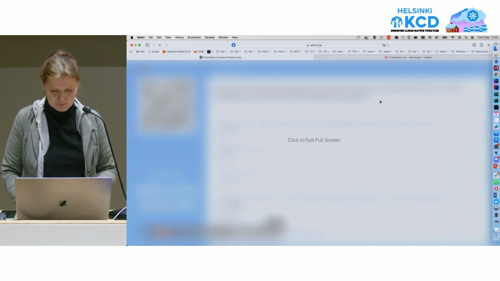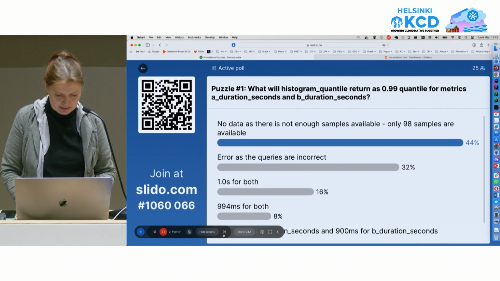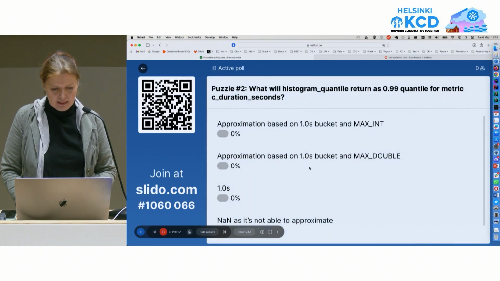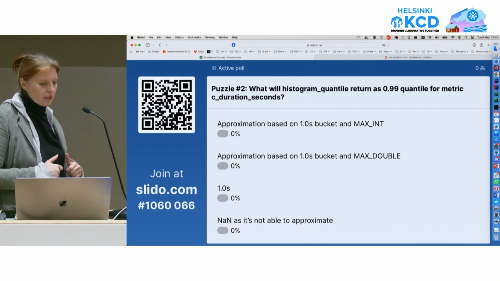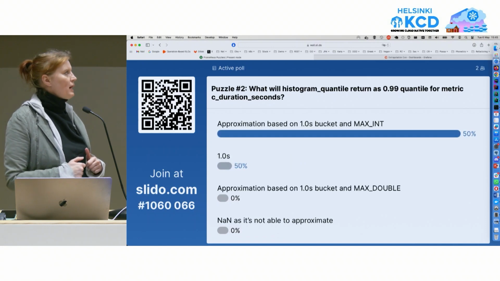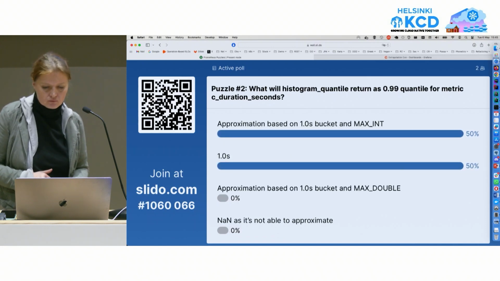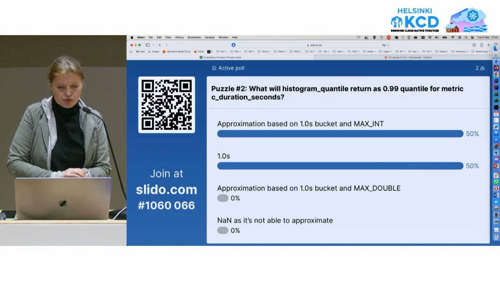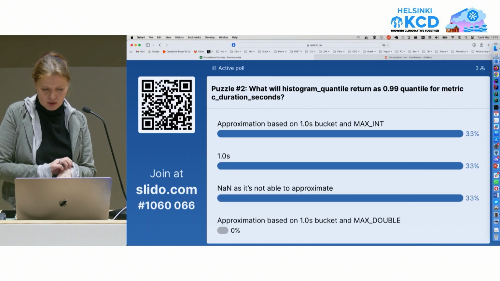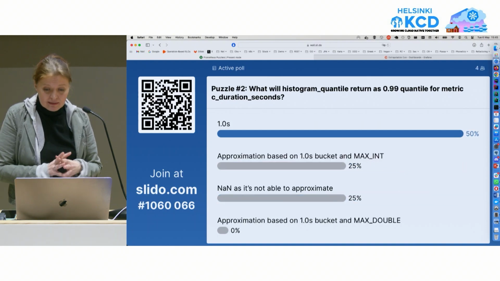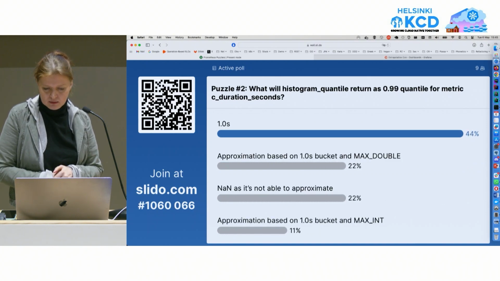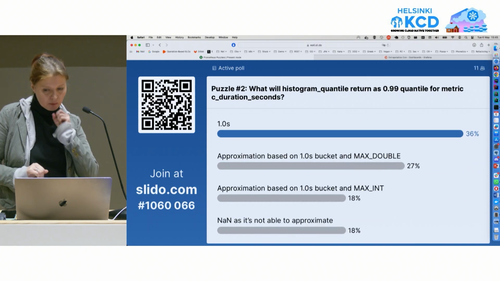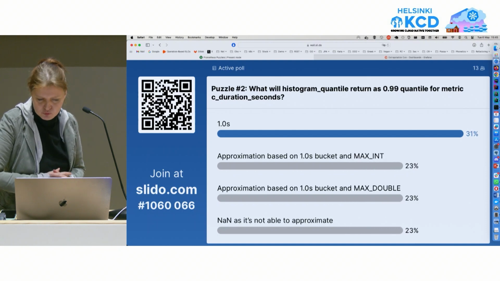So again, let's give it a try. And please use your Slido app or open web page. You should see a next poll. Again, quite a split, but here we have a clear winner so far.